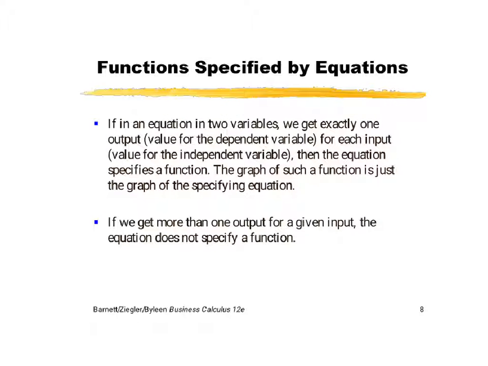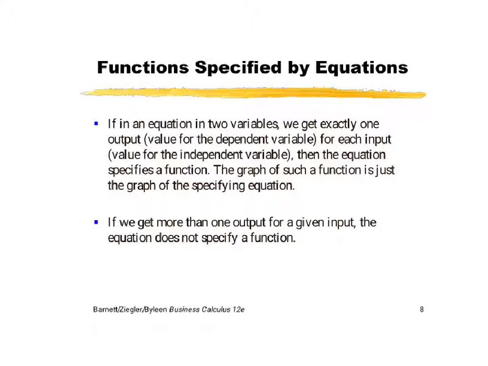And this is just a function specified by equations. The first point says, if in an equation in two variables we get exactly one output for each input, then the equation specifies a function. The graph of such a function is just the graph of the specifying equation.